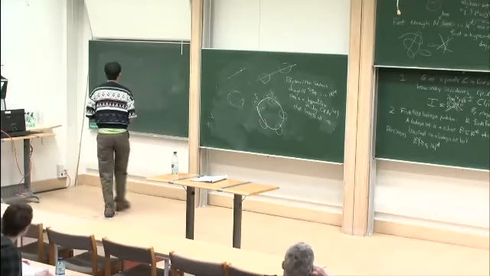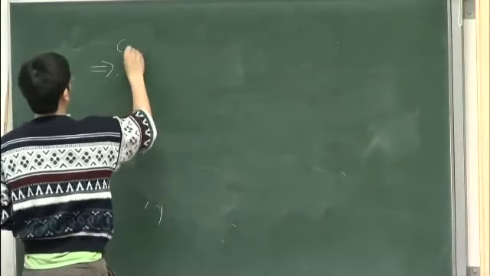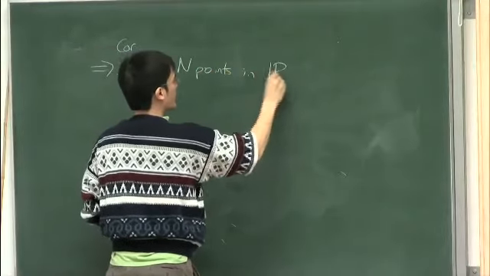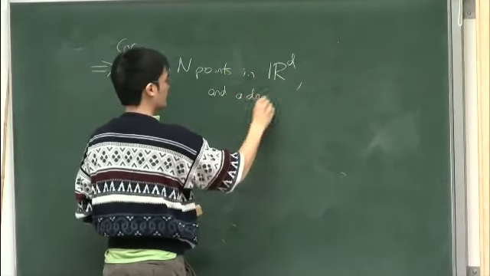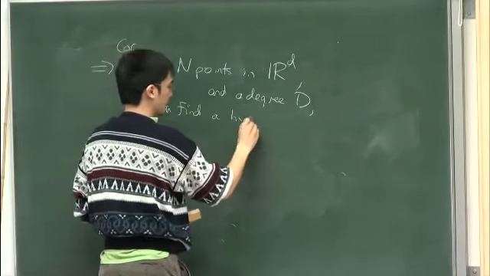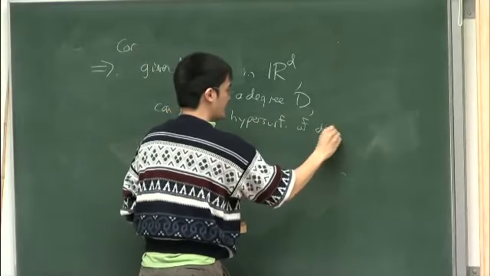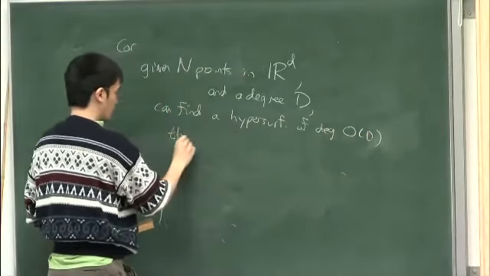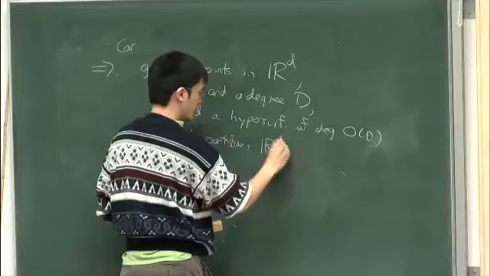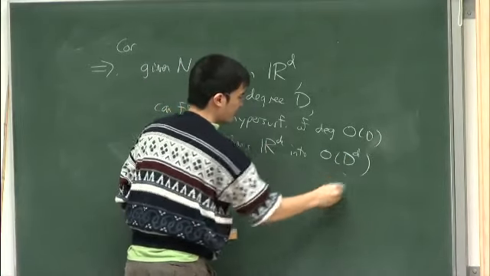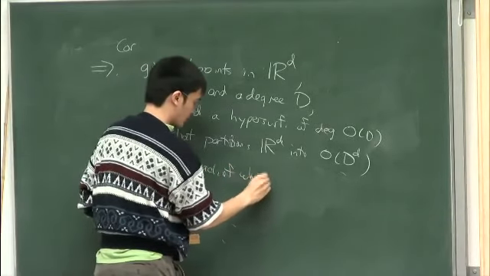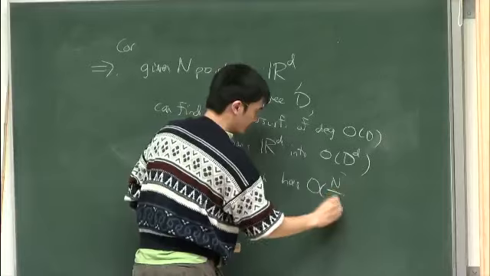So you can use this to get a very good cell decomposition. One corollary is that given n points in Euclidean space and a degree d, you can find a hypersurface of degree about d that partitions R^d into about d^d cells, each of which has about n over d^d points.